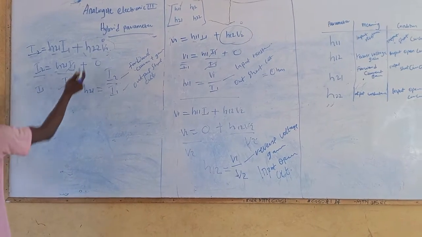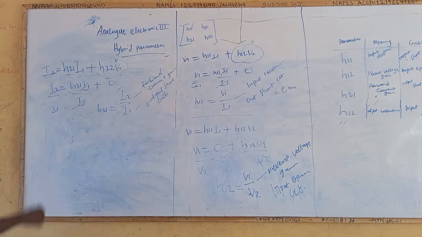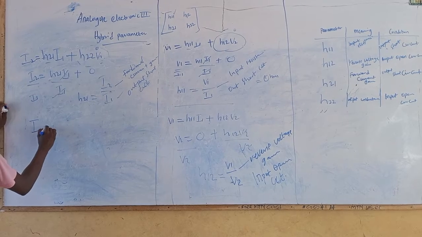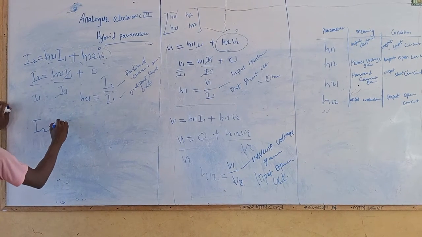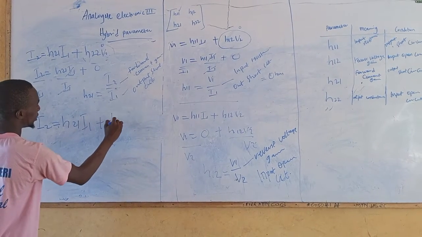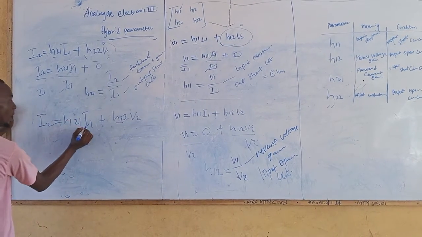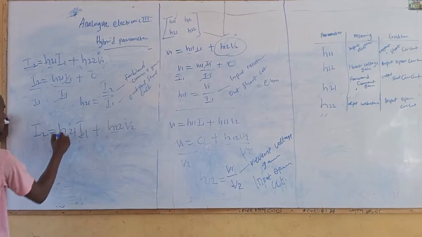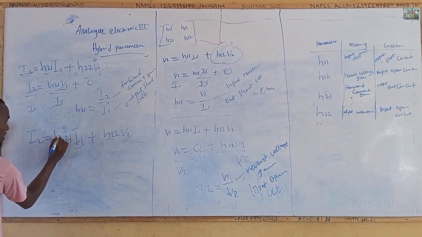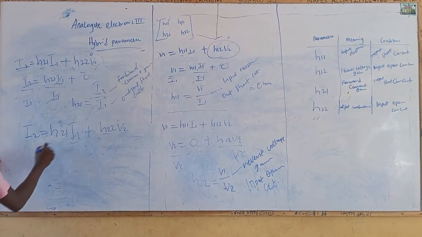But in this case, we want to look for our H22. Now our H22 here will give us something like this: I2 equal to H21 I1 plus H22 V2. Since we are looking for this, our I1 will be 0. 0 times this will be 0, so everything here will be 0.